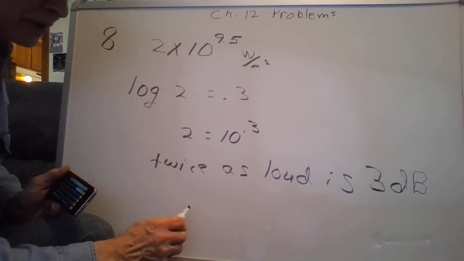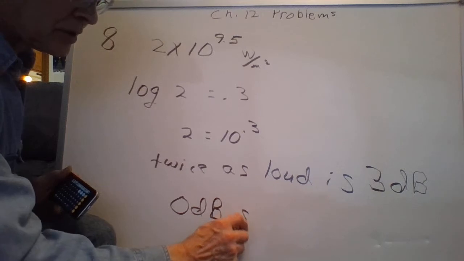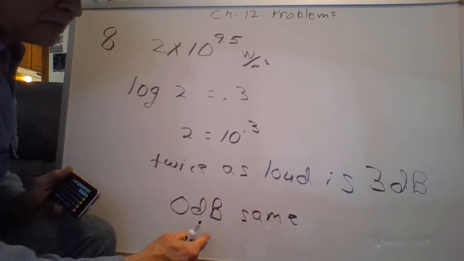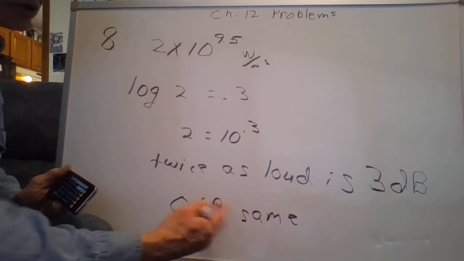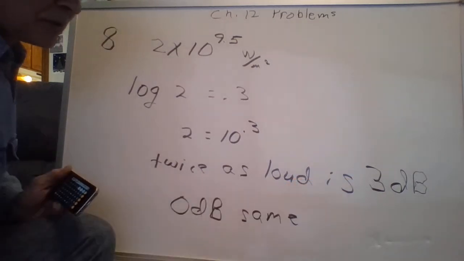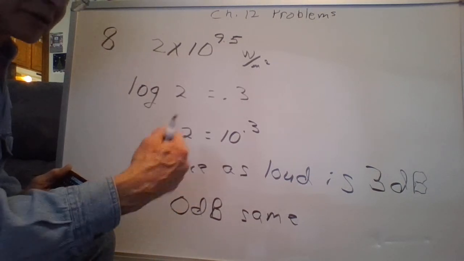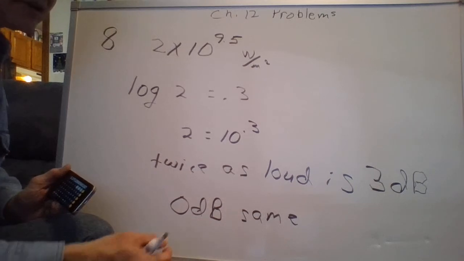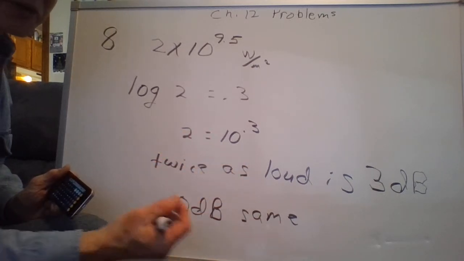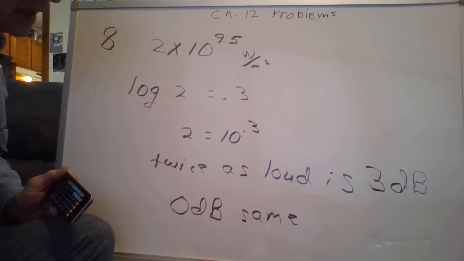It's just a way of saying it's the same coming in and going out. The voltage that goes in equals the voltage that goes out, so there's no change, 0 dB. 3 dB means you've doubled it. 6 dB would be doubling it again, 4 times. So they usually talk about volume changes in 3 decibel increments.